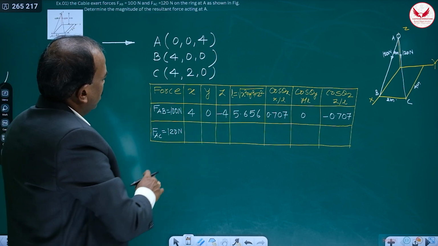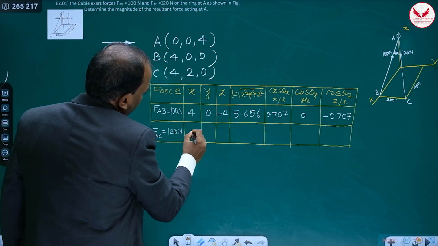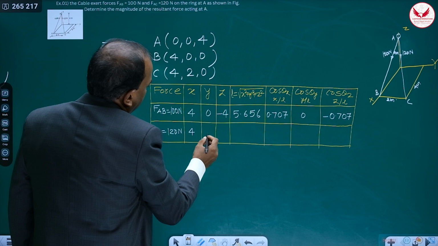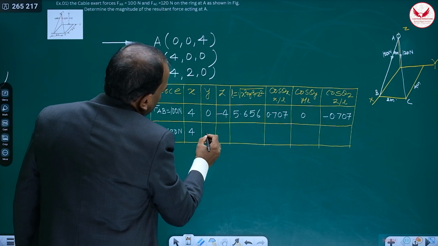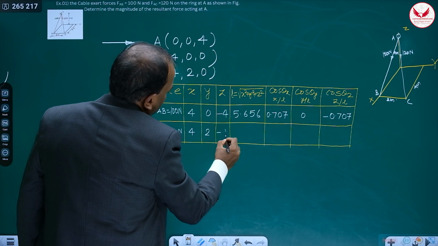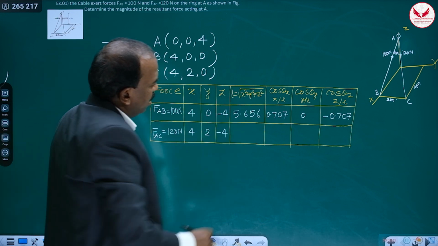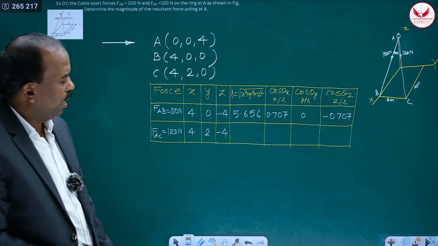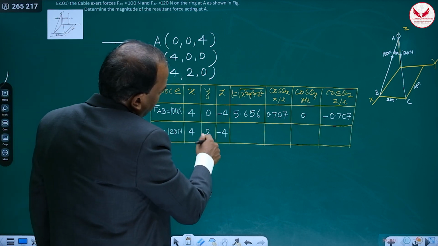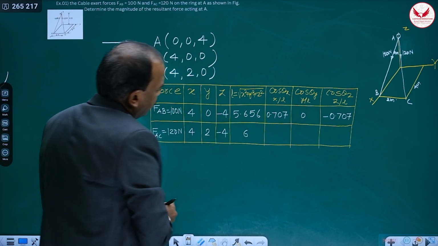Then the second row is for AC. 4 minus 0, it is 4. Then 2 minus 0, it is 2. And 0 minus 4, it is going to be minus 4. Now, if you calculate L is equal to under root x square plus y square plus z square, you will get 16 plus 4 plus 16, 36, and it is going to be 6.